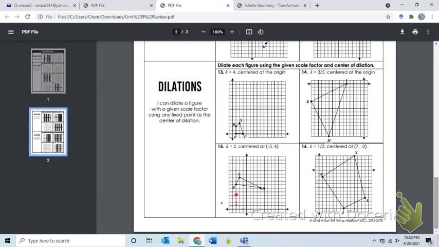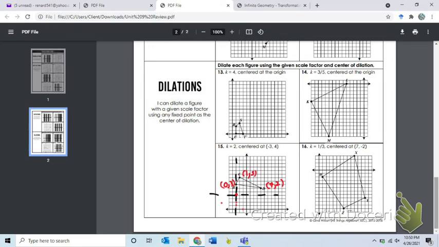So again, we're going to set up our little phantom graph there, and then kind of recalibrate it, so to speak, around that point. So B, in relation to our center of dilation, is (0, 3). C is (1, 5). And D is (7, 2).